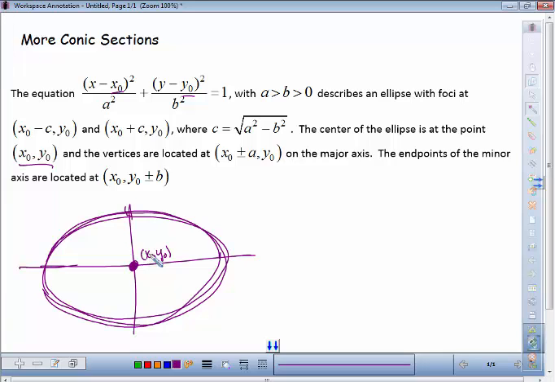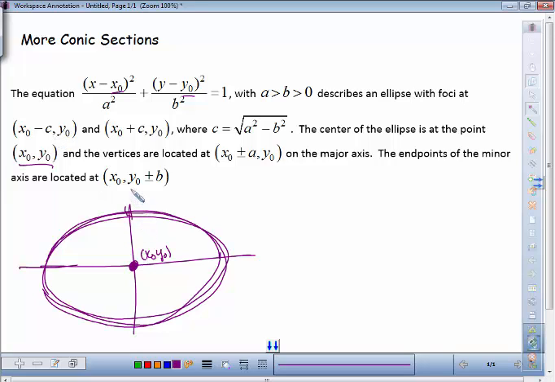So the center of the ellipse can be anywhere in your two-dimensional space. It's easiest when it's at 0, but it's not necessarily going to be the case, so we have to make sure we adjust for that. The foci of the ellipse are x naught minus c comma y naught.